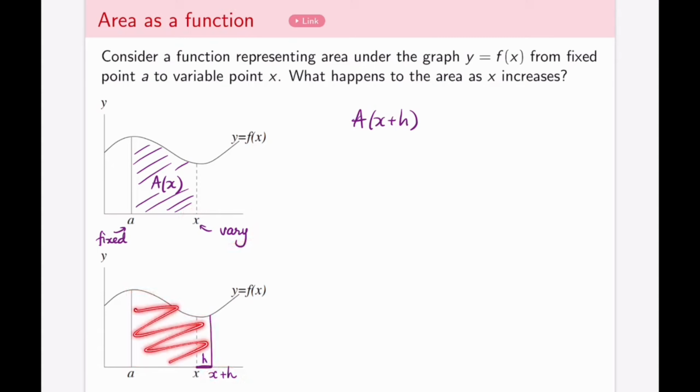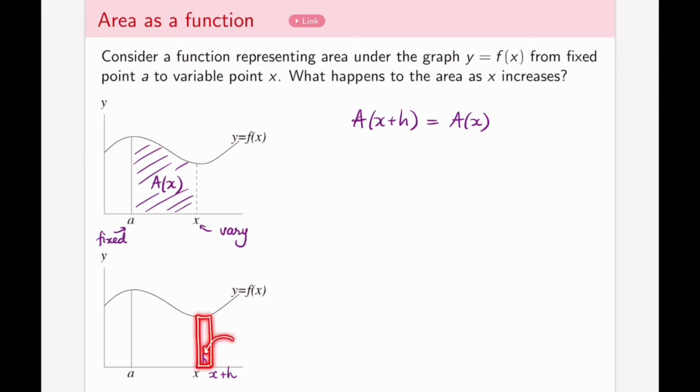Now, this new area is actually my old area from a to x, plus this newly added little skinny sliver. Now, if it's really very, very thin, then by the same logic as we used for Riemann sums, I can say that it's well approximated by a rectangle.